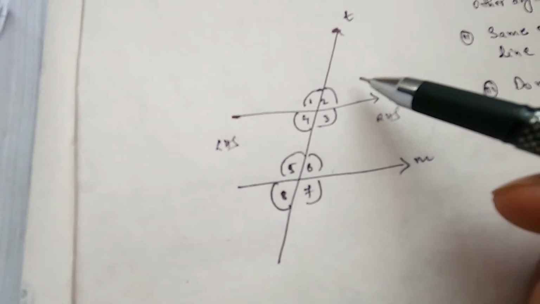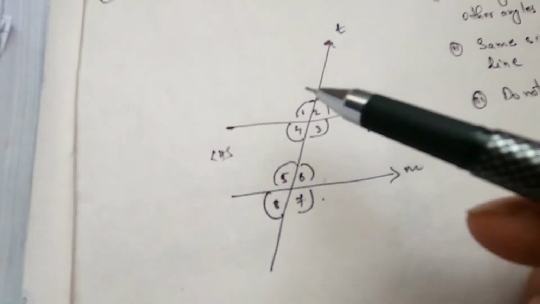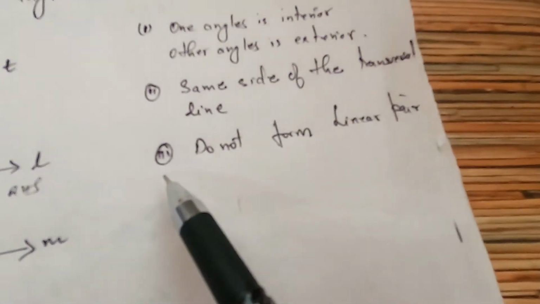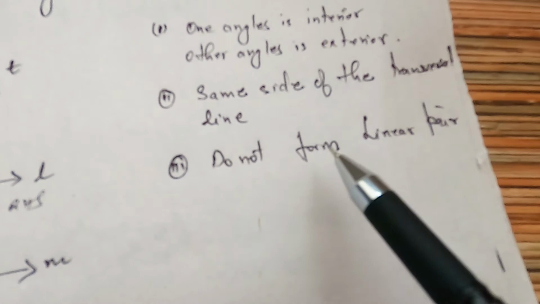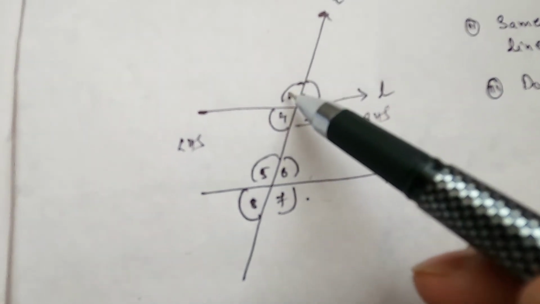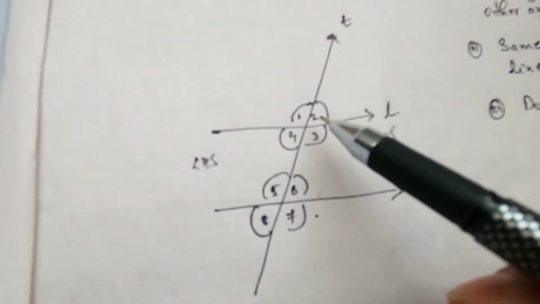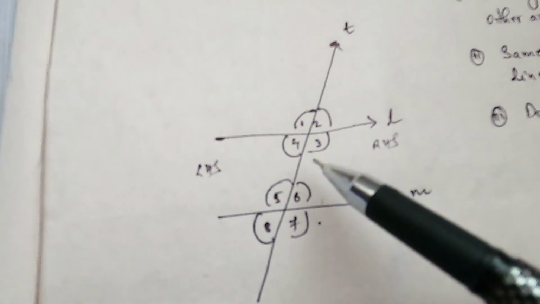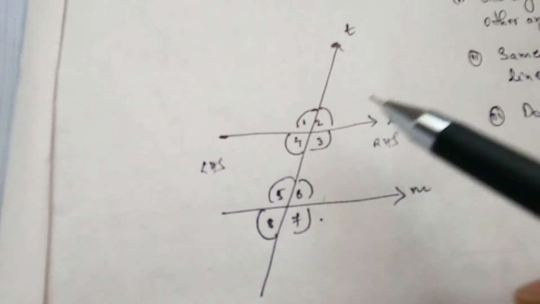Both of them should either be on the right hand side or on the left hand side. And condition number 3 is they do not form linear pair. So we know which are the linear pairs in this case: angle 1 and angle 2 linear pair, 2 and 3 linear pair, 2 and 6 do not form linear pair.